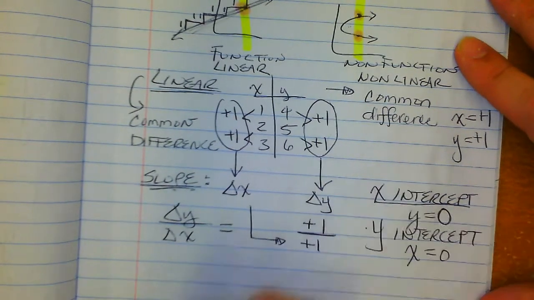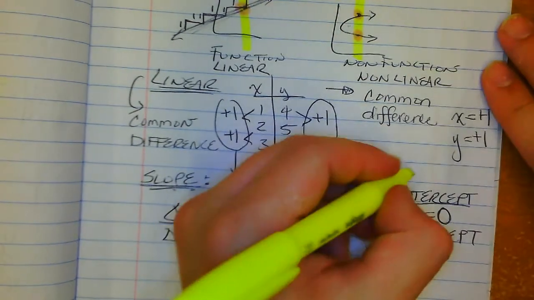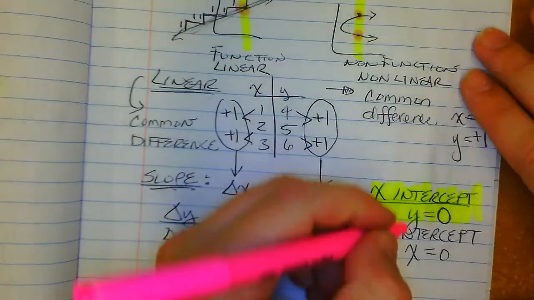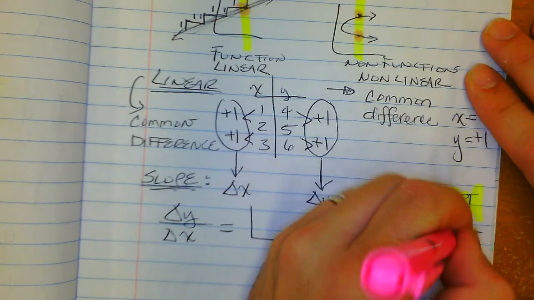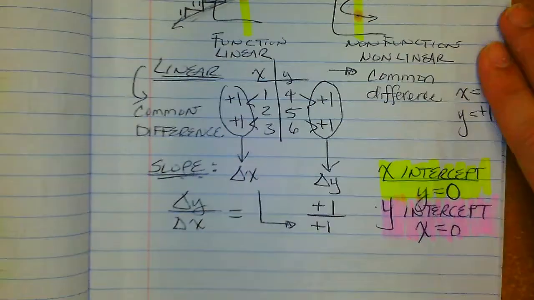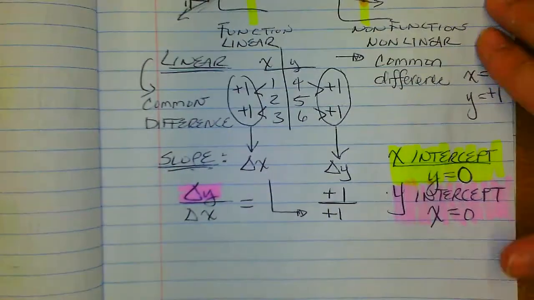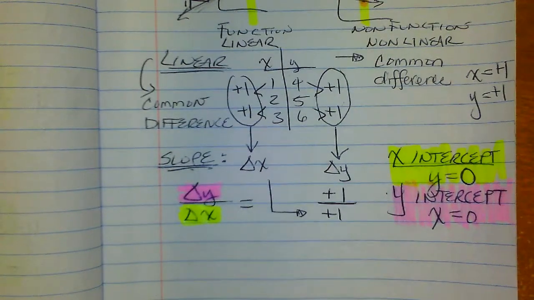Very good. So we got the x-intercept, and we got the y-intercept. And we're always going to take the change in y divided by the change in x for slope. Okay.